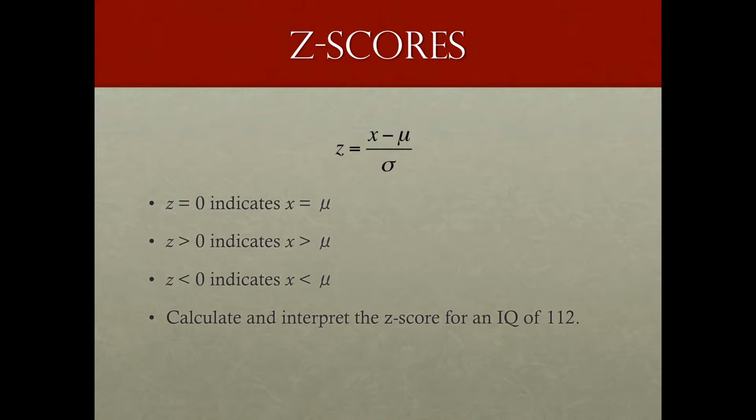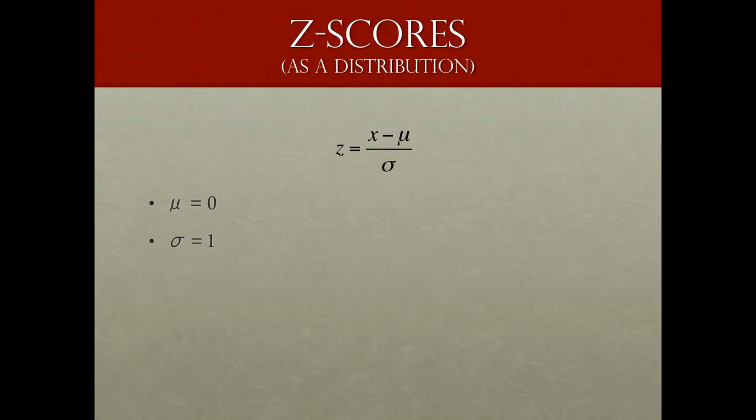So I'm going to show you in just a second how to calculate and interpret the z-score for an IQ of 112. Z-scores as a distribution: if we standardize z-scores from a normal distribution, we get a distribution that's also normally distributed with mean 0, standard deviation equal to 1.